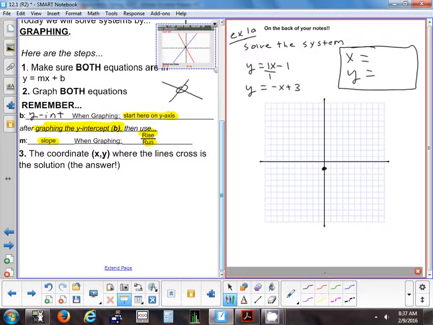Okay, so now who can tell me, starting from my y-intercept and using my slope, where do I go to get another dot? Do I go up? Do I go down? Do I go left? Yep. Right one and up one. Rise is positive, run is positive, up one, right one. Can I do it again if I want? Yeah, I'm going to do it a couple times just because graphing, I need to be very, very precise.